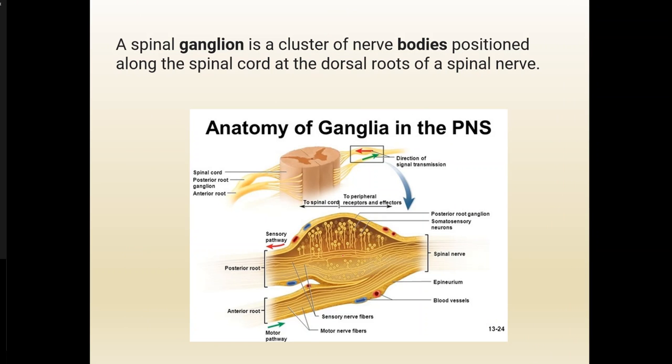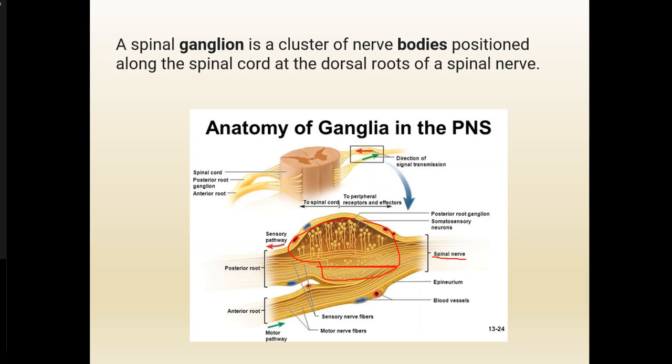So obviously, the previous picture that I showed you was a schematic representation showing just a couple of neurons, but that's not the whole story, right? Because we know that a nerve has numerous axons that are bundled together. It's a complex structure, a spinal nerve. Therefore there are many cell bodies in a ganglion, as shown here.